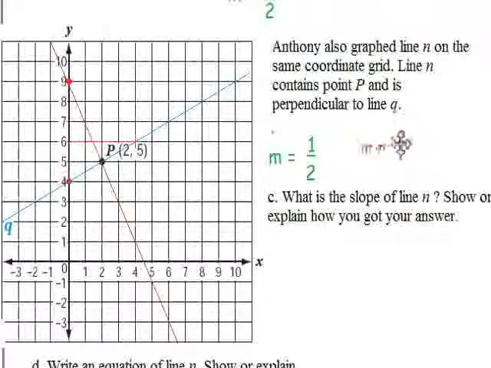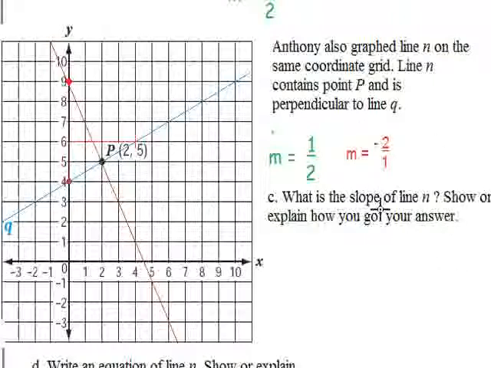The negative reciprocal I've done in red here. So our new slope for line N is going to be negative 2 over 1. Remember, the negative reciprocal means you change the sign. If it was negative, it would become positive. And then whatever the fraction is, you just flip it.